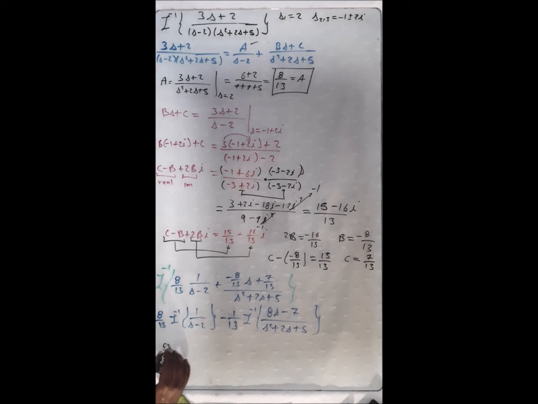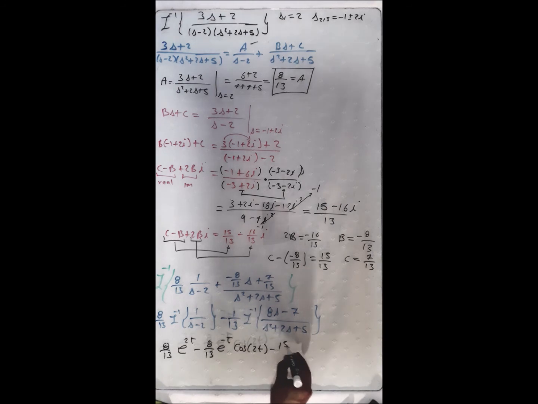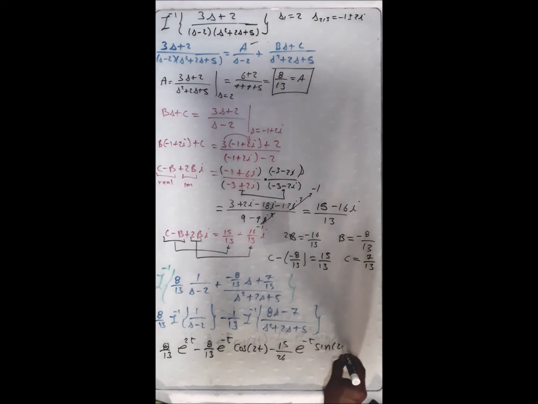So the result is 8 over 13 exponential of 2t from here, and then minus the result of that was 8 over 13 exponential of minus t cosine of 2t minus 15 over 26, because 1 over 13, exponential of minus t sine of 2t. Now how do I get from here to here? Just check the previous video where we solved this Laplace inverse.